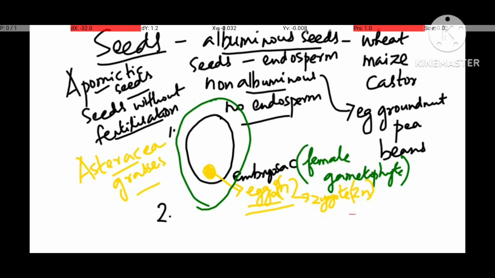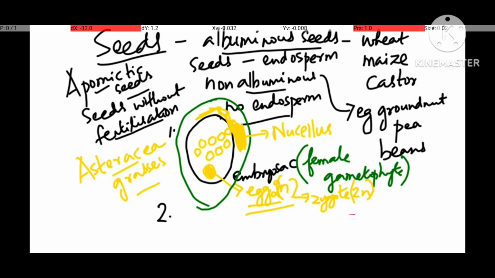Second method is, there is tissue surrounding the embryo sac, no? Nucellus. It is one of the tissues from the nucellus that becomes the megaspore mother cell and later becomes the embryo sac. So some of the nucellus cells will start entering into the embryo sac.